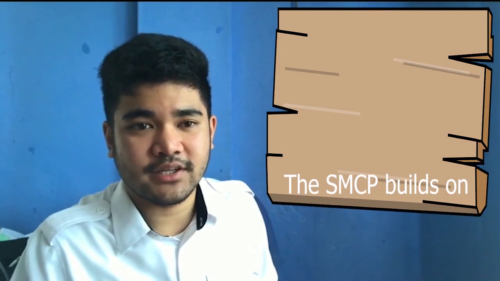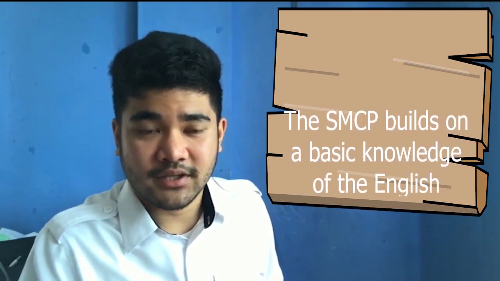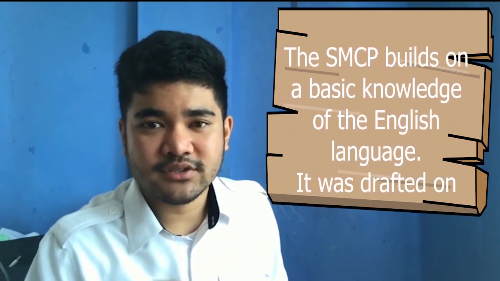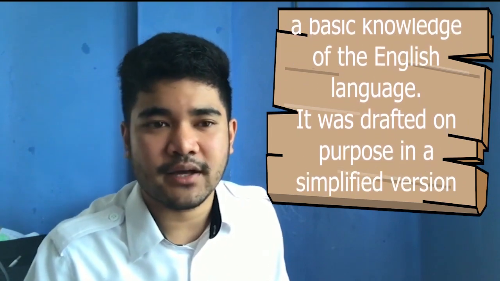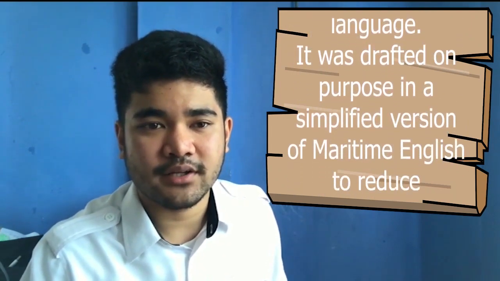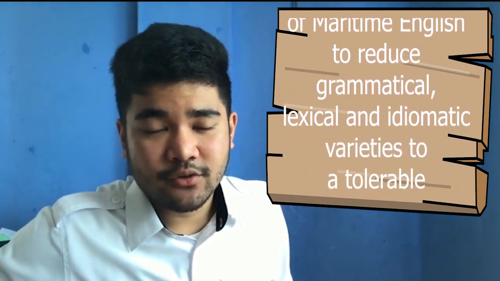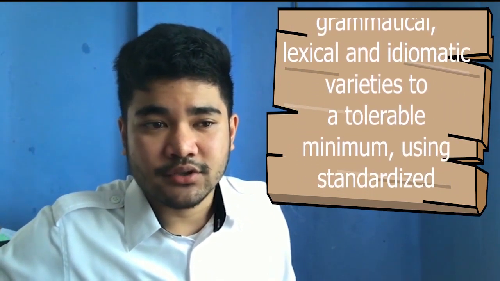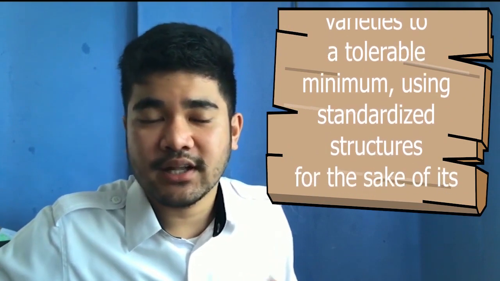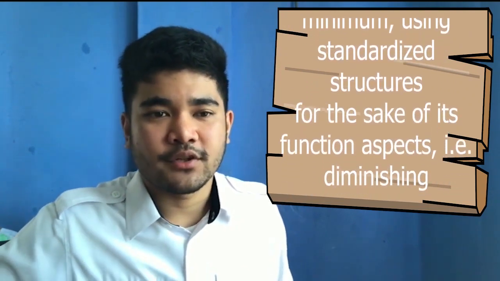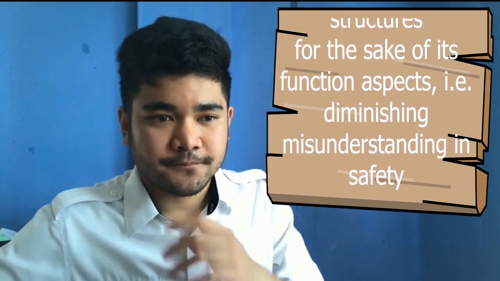The SMCP builds on a basic knowledge of the English language. It was drafted on purpose in a simplified version of maritime English to reduce grammatical, lexical, and idiomatical varieties to a tolerable minimum, using standardized structures for the sake of its function.